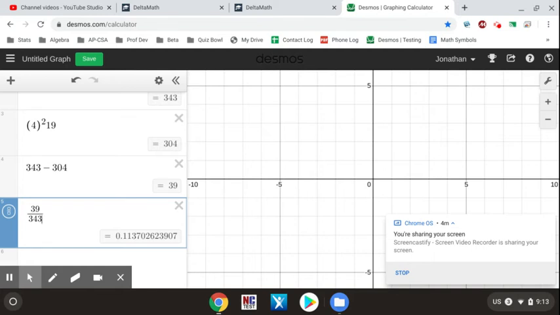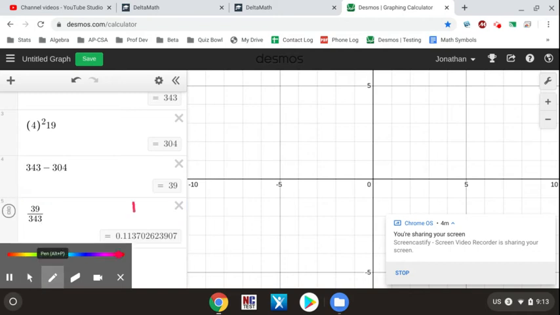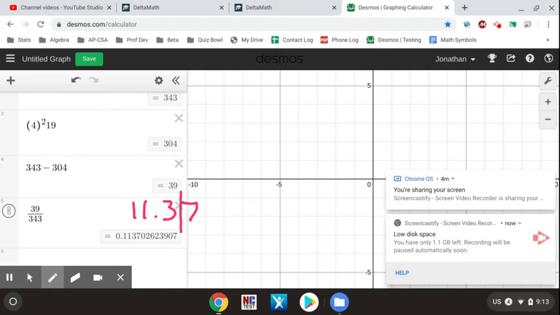In this case, the total amount of water tank A will hold, 343. Now, that would be as a percent. I have to move the decimal 2 places. So that should be 11.37, rounding to the nearest tenth. The 7 will round that up. So I have 11.4 percent as the answer to that one.